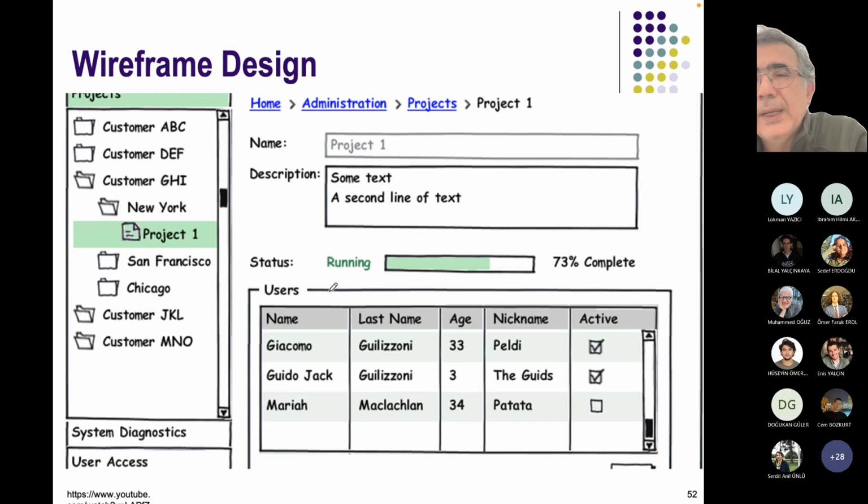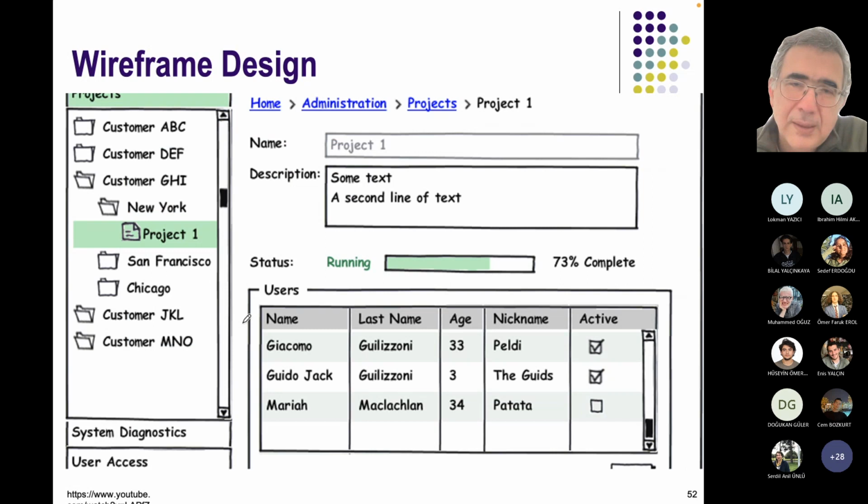You can also make moving prototypes. So clickable prototype can be implemented.